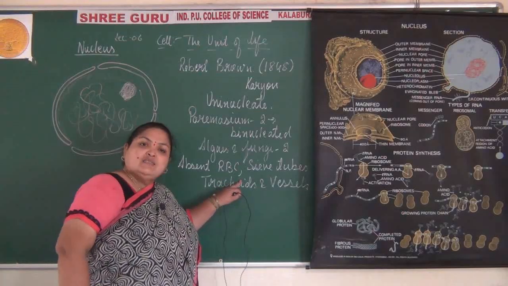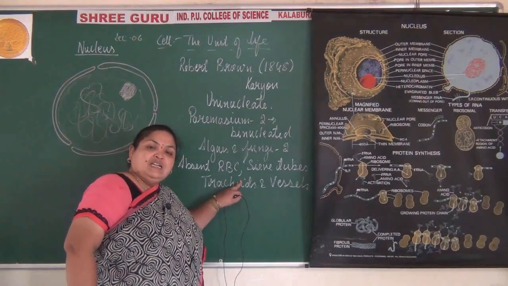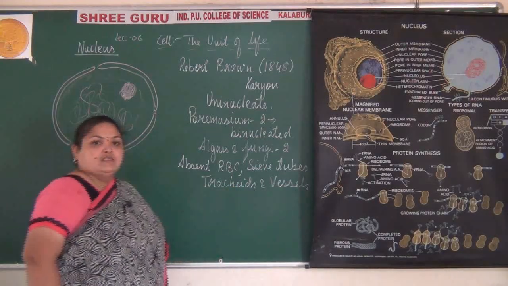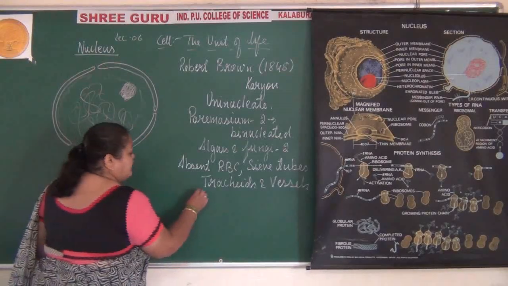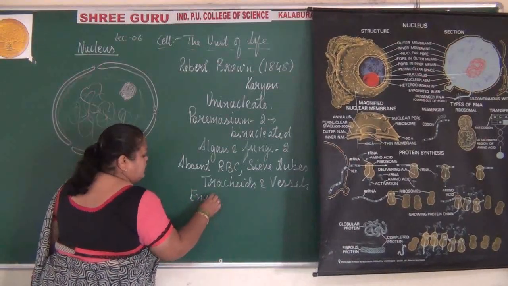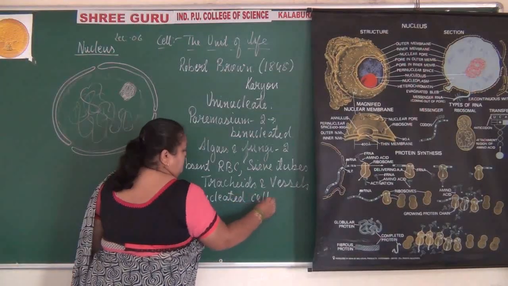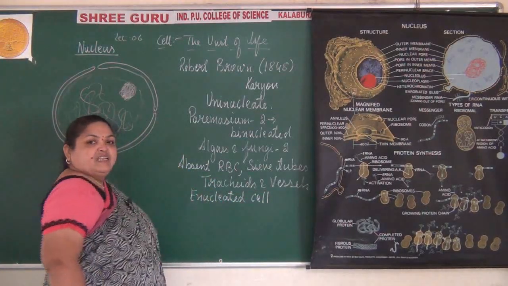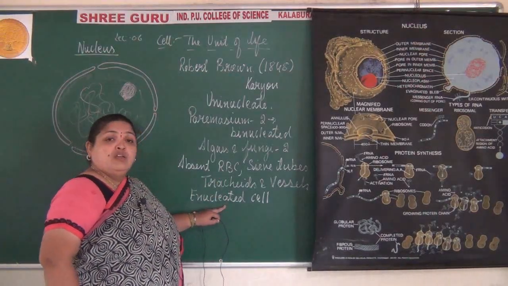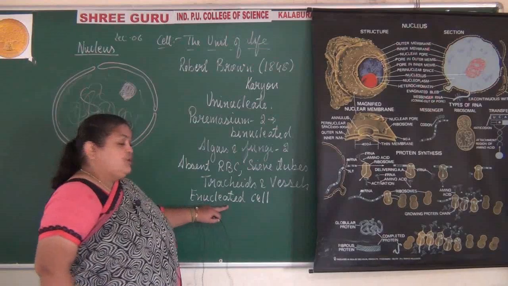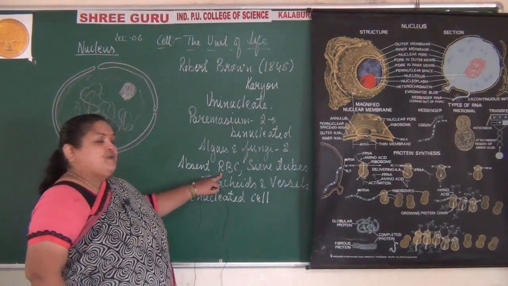The red blood cells, we say, are enucleated. Any cell that does not contain a nucleus, we call an enucleated cell. It does not have the nucleus. RBC are also enucleated, no nucleus. Enucleated means no nucleus. Red blood cells.